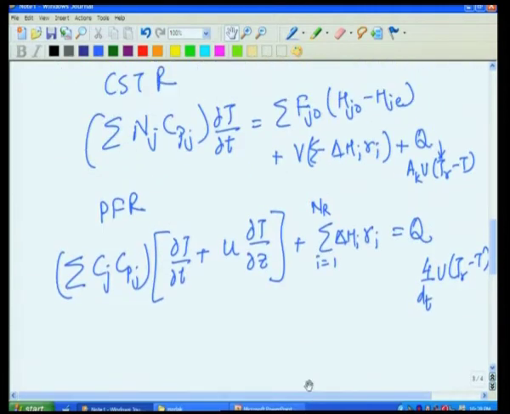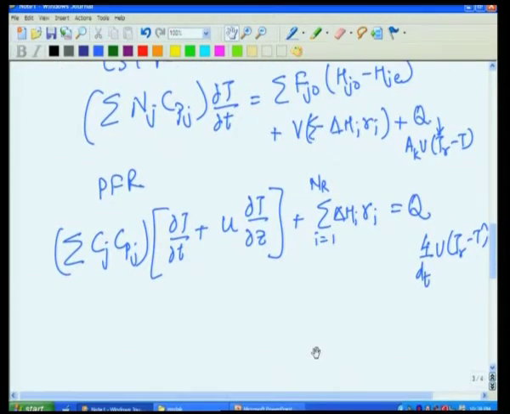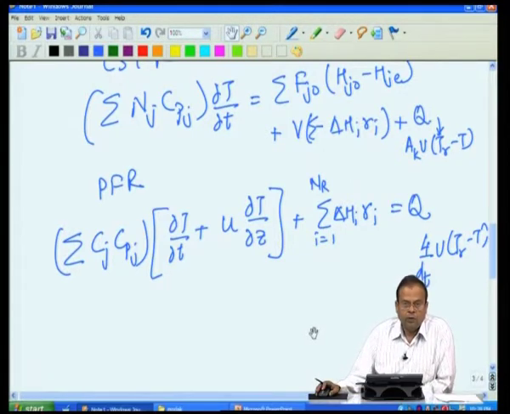to understand what is meant by operating a reactor in an isothermal manner, when energy effects are important. So, when we want to operate the reactor in an isothermal manner, then temperature is constant.